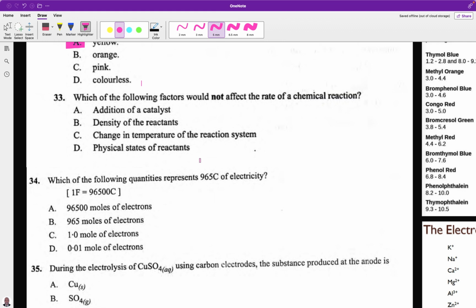First of all, in powder there's going to be an increase in the surface area, so more particles are going to be involved in collision. So the only one that is not going to affect the rate of the chemical reaction here is the density of the reactant, which is B.